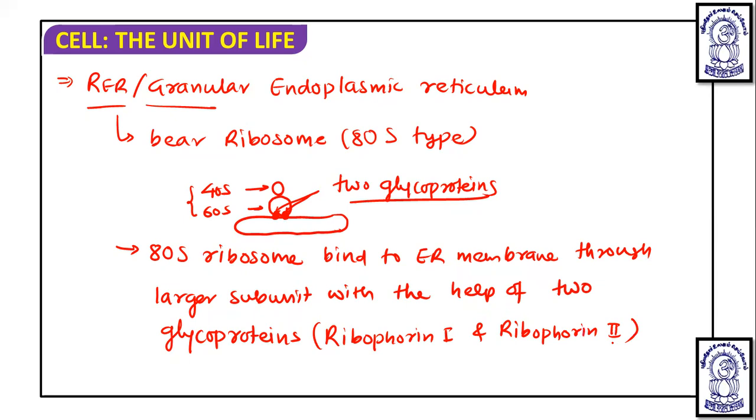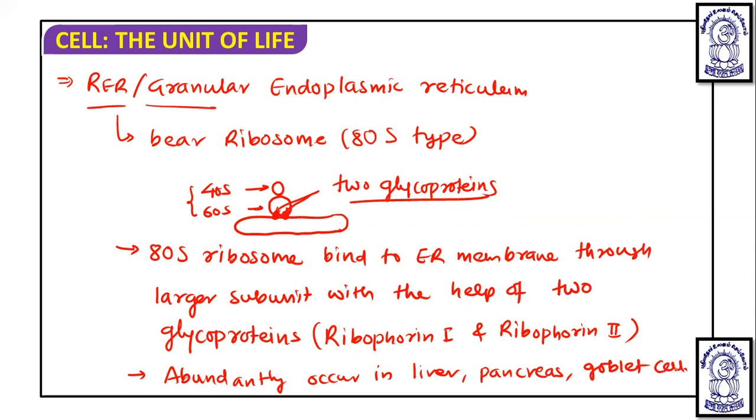And obviously it is mainly composed of cisternae, and it is abundantly present in the cells which are actively engaged in protein synthesis and secretion, like liver, pancreas and goblet cells. So they abundantly occur in liver, pancreas and goblet cells.